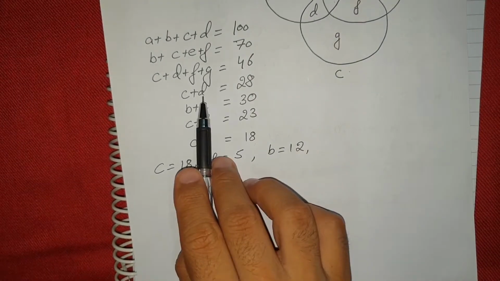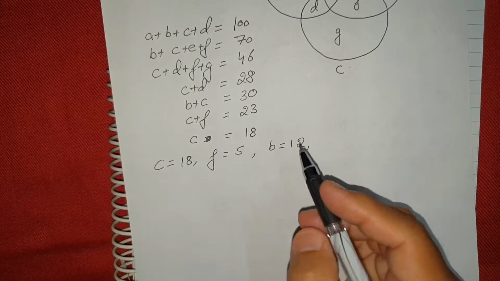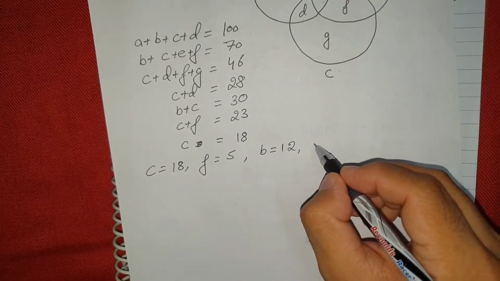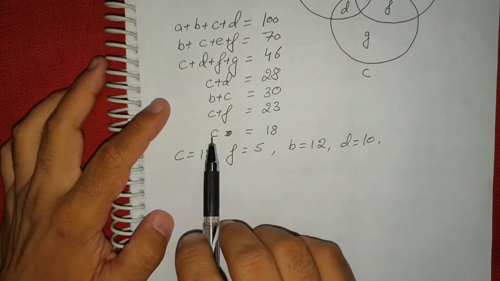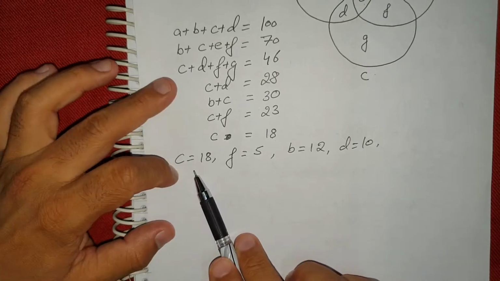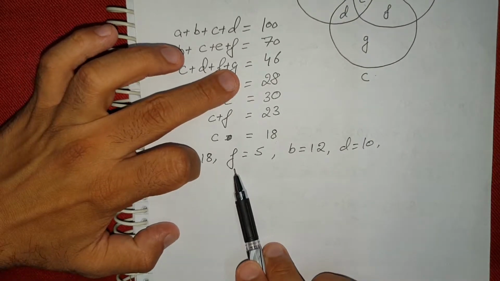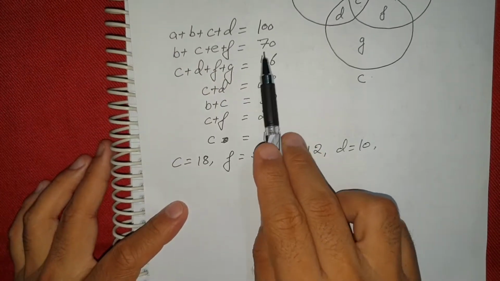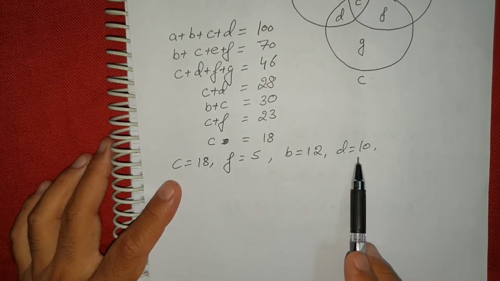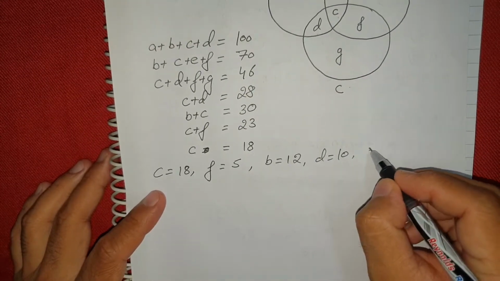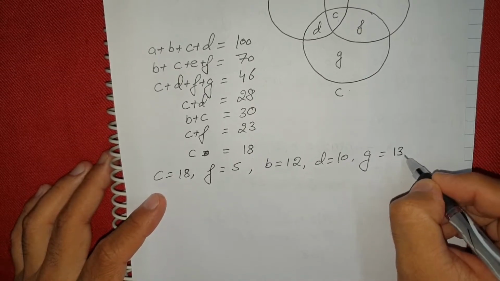Similarly, D is 28 minus 18, so D will be 10. Now we have C, D and F, so we can find G. G is 46 minus (18 plus 5 plus 10), so G will be 13.